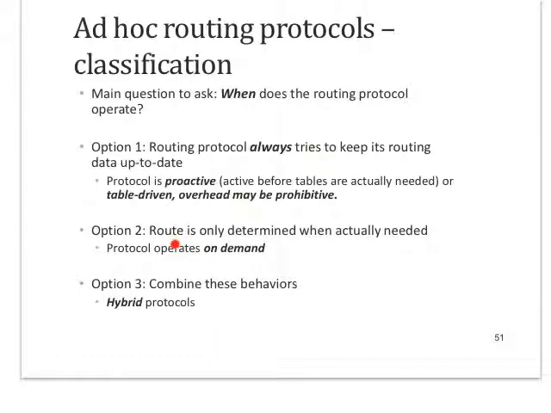I don't need one because the route gets established only when I need it. When I establish a session end to end, each node knows that this session is going, so it needs to forward the packet to this particular node. Once this session dies, this whole route dies. In this option, there's no routing table.